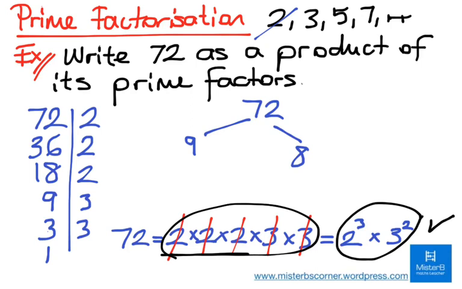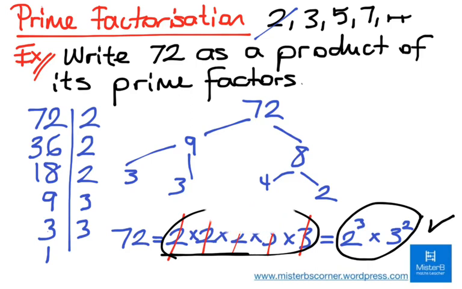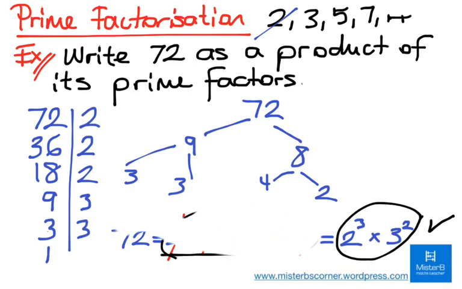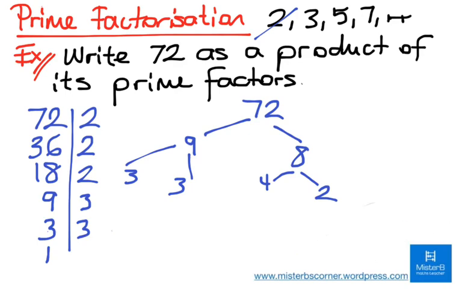Then you can go this one like 4 and 2, and this one like 3 and 3. And then, let me rub this a little bit. I'm going to write this down anyway. So you can also go one more step with 4, which would be 2 and 2.